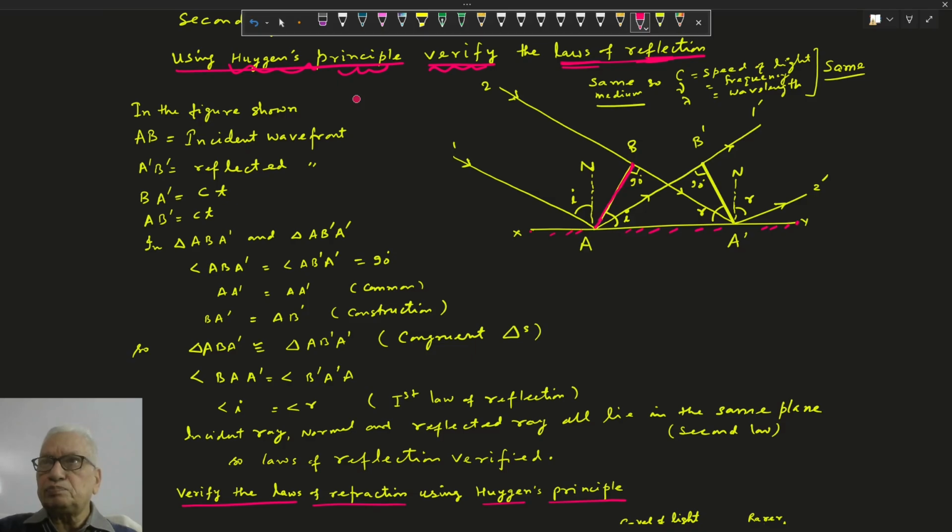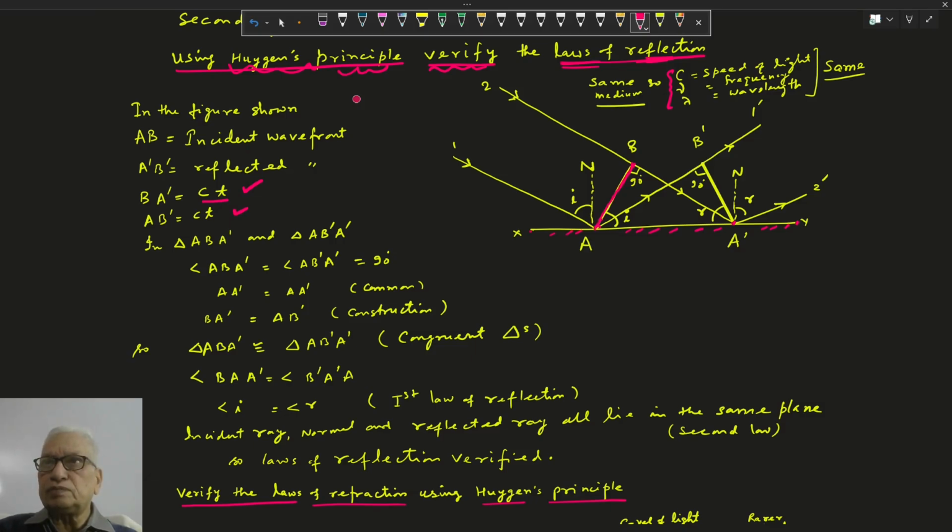Here considering point B and A dash, this distance is the velocity multiplied by the time. In reflection there is no change in the velocity, frequency and wavelength. In reflection also the same speed. So BA dash distance is equal to AB dash distance, equal to CT.